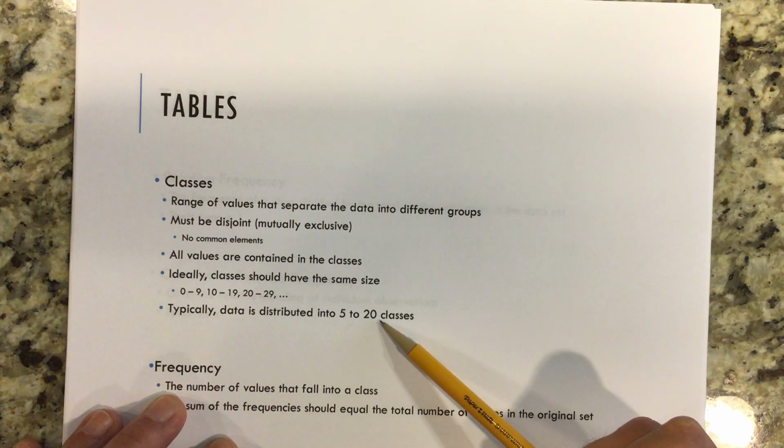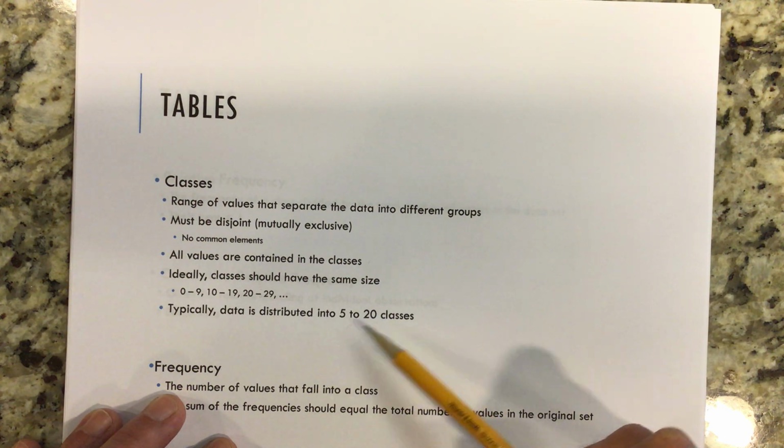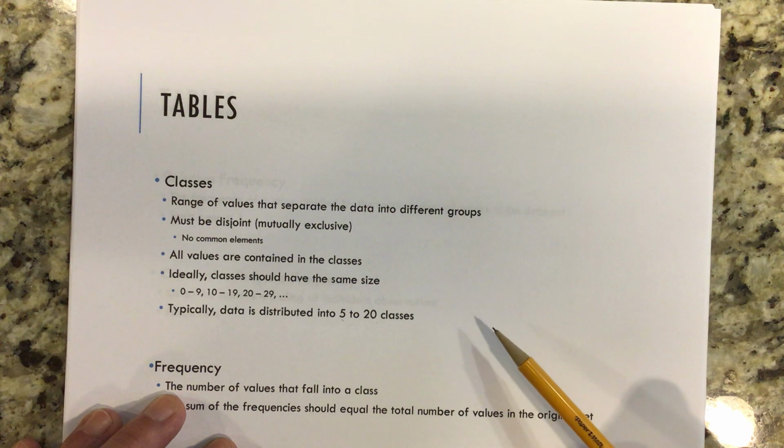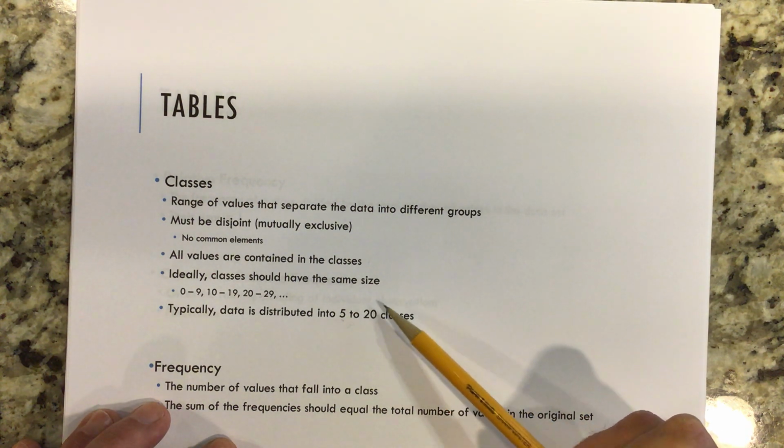But if you have a small data set, for example, let's say I only have 20 pieces of data, I don't really want to make 20 classes because I'm probably going to have a lot of classes with only 1 or 0 pieces of data, and I'm not really going to get a graph that shows the distribution very well. So the smaller the data set, the smaller number of classes I probably want. Larger data sets, larger number of classes makes sense. But there is no one right answer.